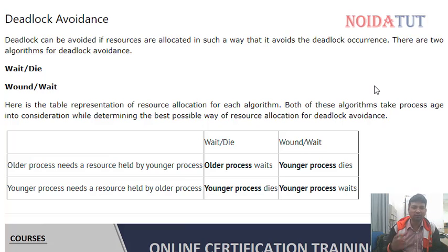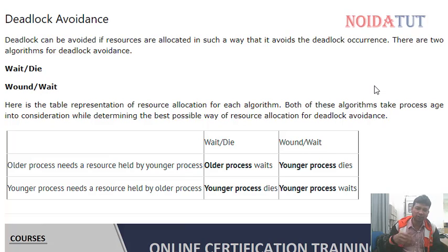Now here is the table representation of the resource allocation for each algorithm. Both of these algorithms take process age into consideration while determining the best possible way of resource allocation for deadlock avoidance.